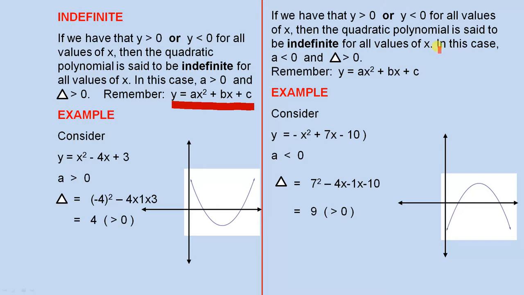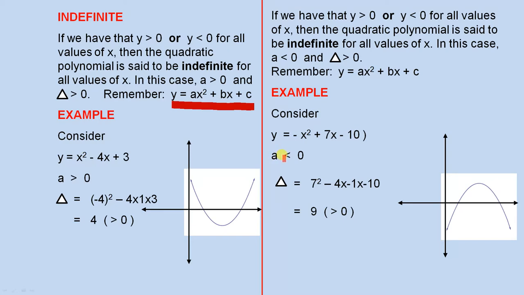If we have that y is greater than 0 or y is less than 0 for all values of x, then the quadratic polynomial is said to be indefinite for all values of x. But in this particular case, a is less than 0 and the discriminant is greater than 0. The general form, we consider the specific example here.